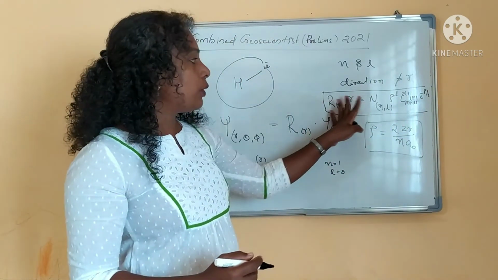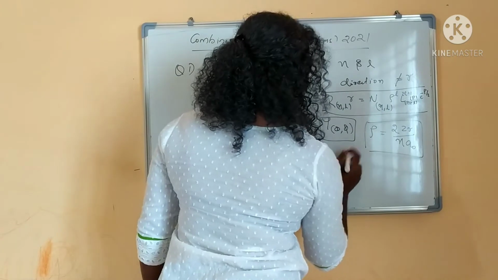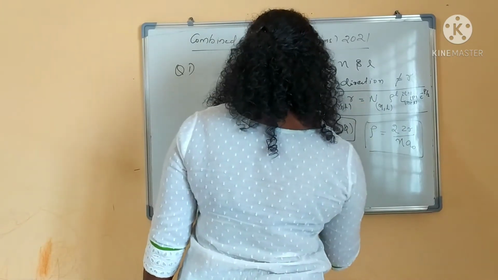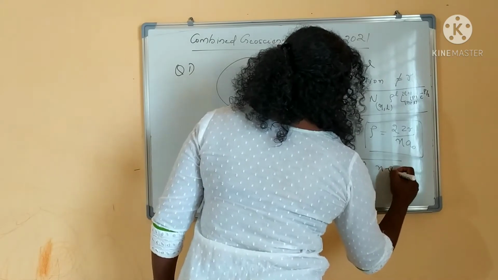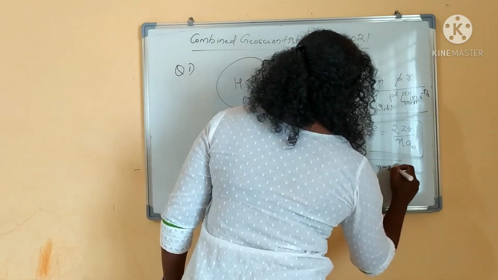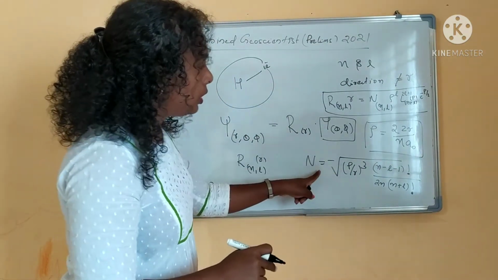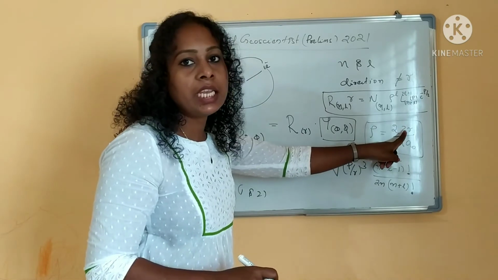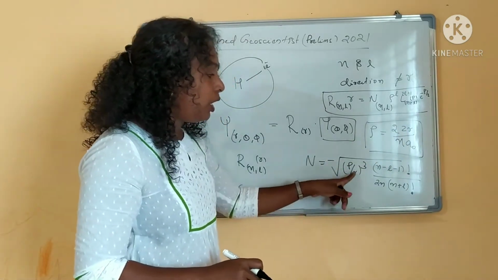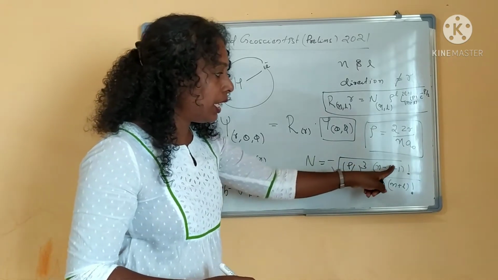So solving this equation you will get the radial part of the wave function. How to find the n value? The n value and rho value I have already given. The rho value is the electron density, and for the n value, you have to substitute. Instead of rho you can substitute n and l values.